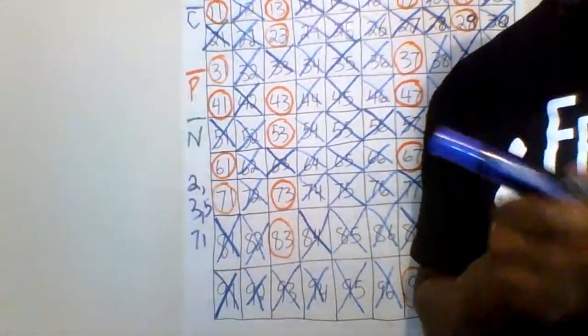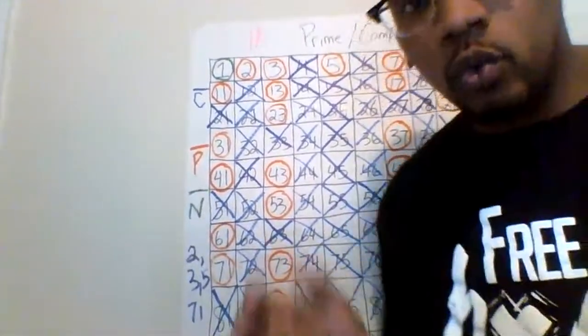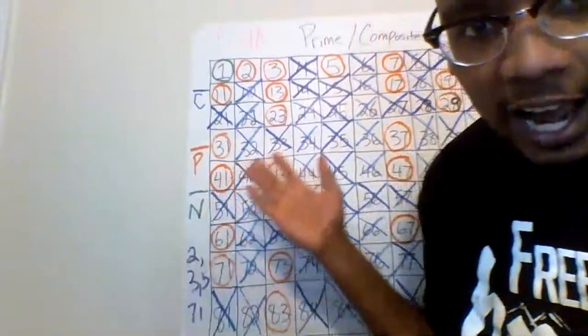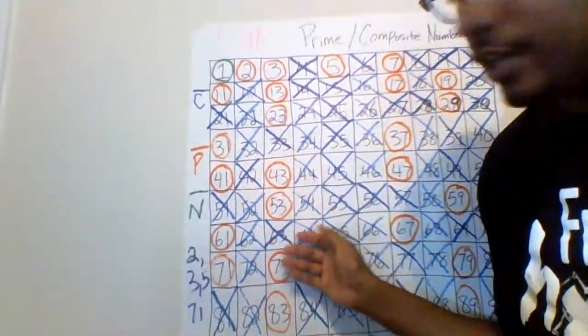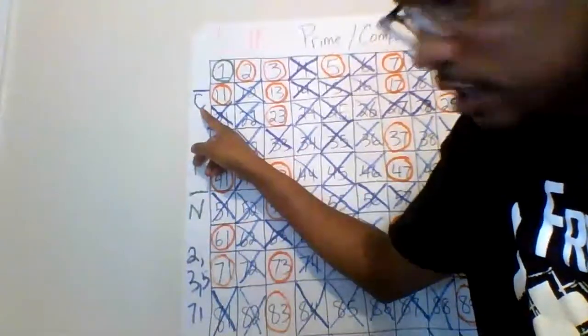All right. Now, you're saying, Mr. T, why did we go through the whole hundreds chart? It's going to help you with your homework. You literally got all the answers ready for you. Remember, if it's crossed out in a blue X, it's composite.